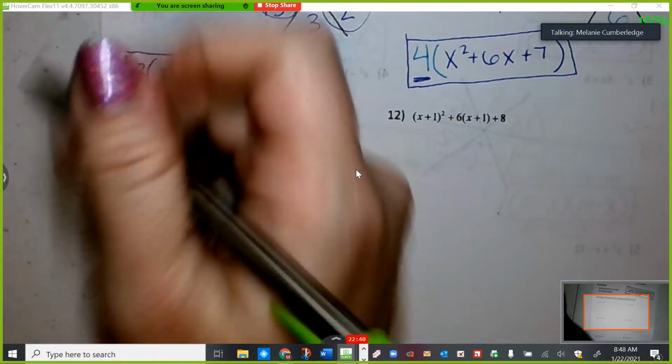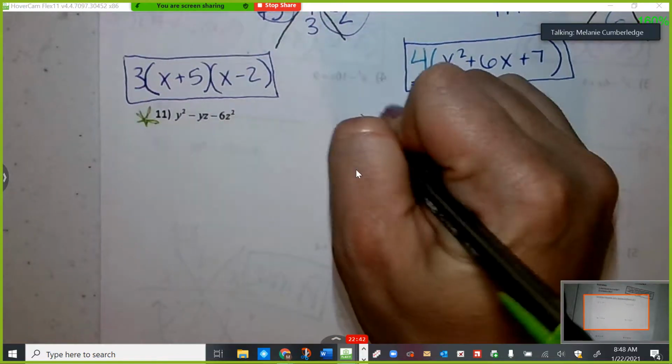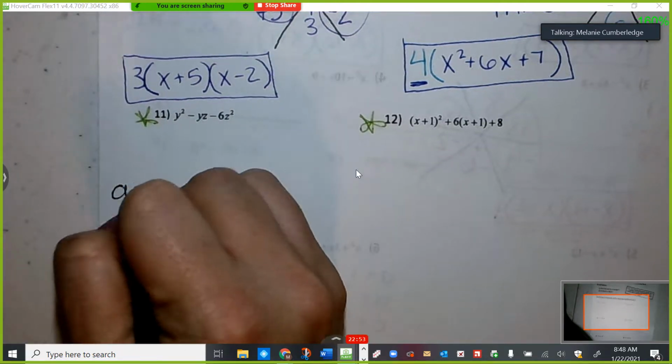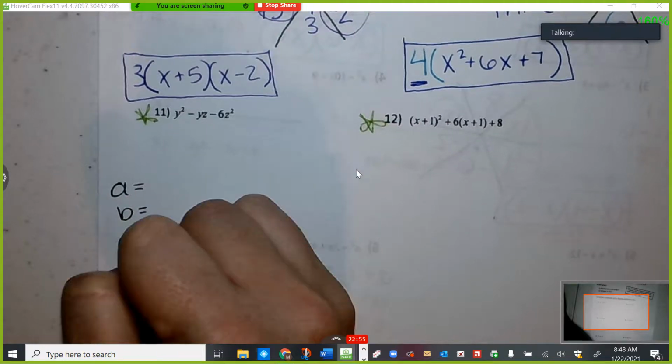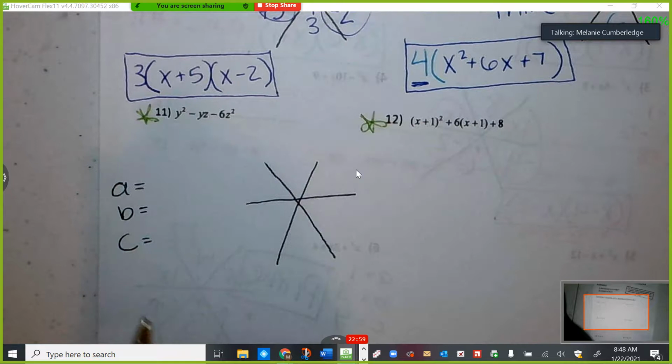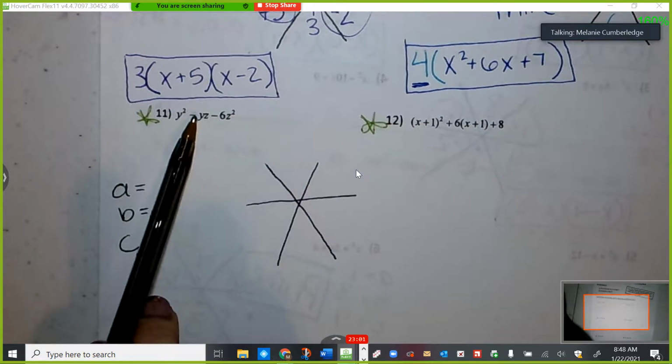Okay, these last 2 are special cases. These look ugly, and they are, okay? But these are a little different. Now I want you to realize on this one we have 2 letters.